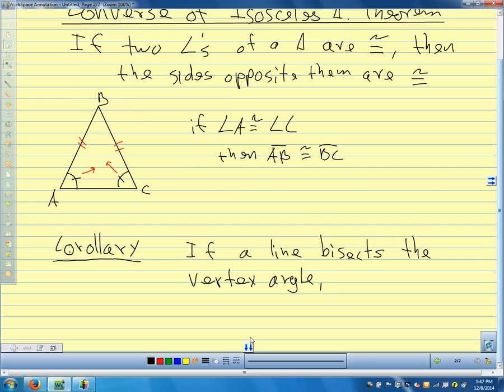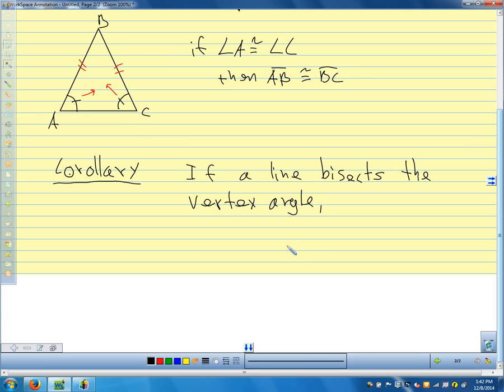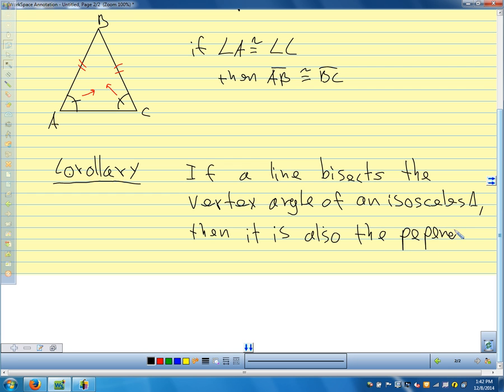Cuts it perfectly in half. So we have a line that bisects the vertex angle of an isosceles triangle, then it is also the perpendicular bisector of the base.